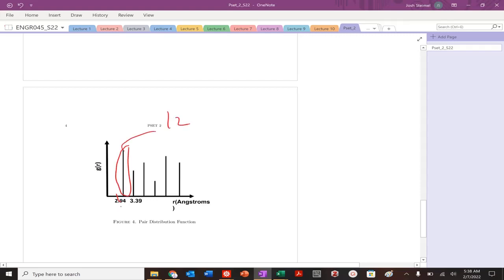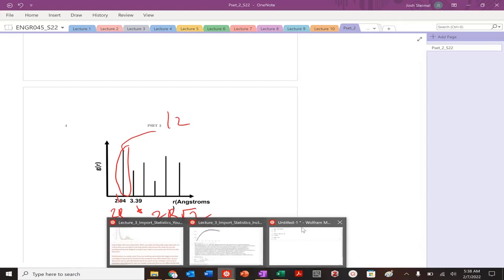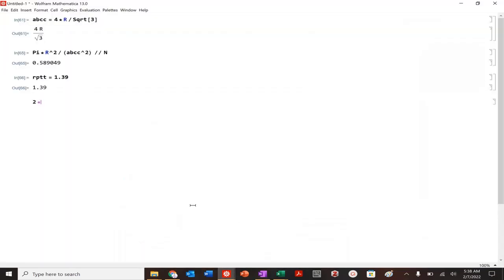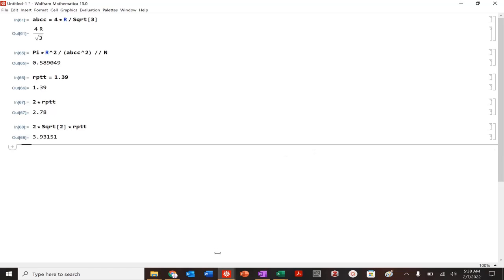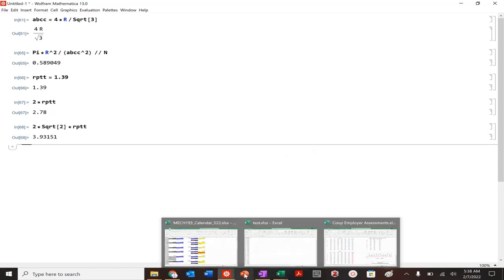And I also know that this represents my nearest neighbor distance, 2r, and my next nearest neighbor distance is equal to a, which is equal to 2r root 2. So I could just calculate those right now. The value of that first peak on the x-axis should be 2 times r Pt, and the second one should be 2 times square root 2 times r Pt. This right here, and voila, we've got it. So there we go. Those are the corrections.